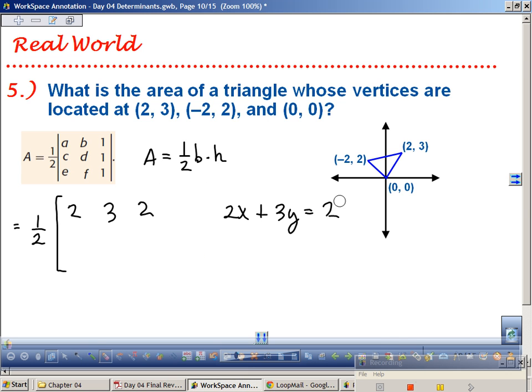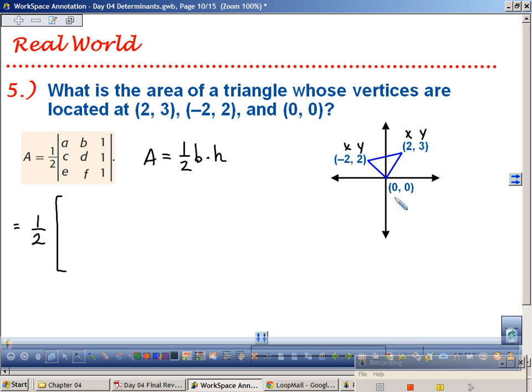Okay, so if this is my x, and this is my y, and this is my x, and this is my y, and I'm trying to solve something that involves all of them, does it matter which order I put them in?